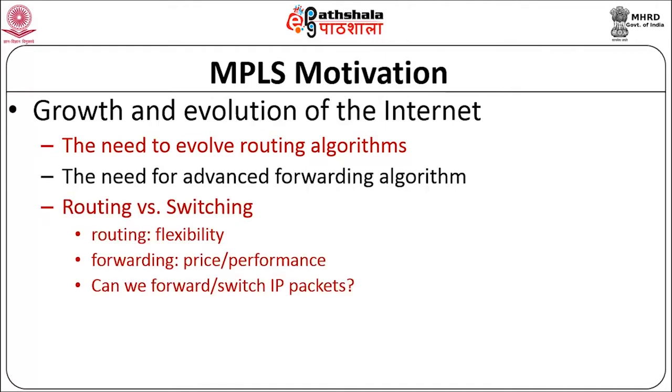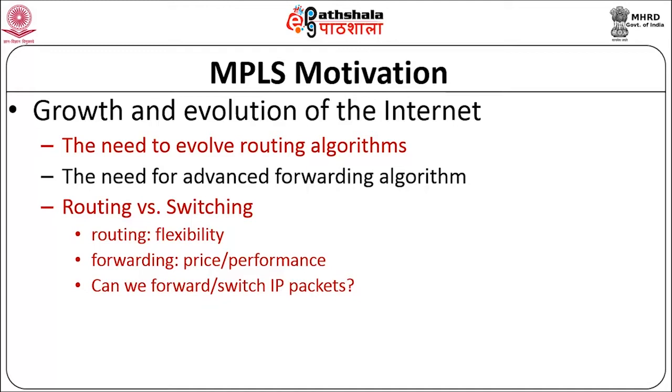If you look at the routing versus switching debate, routing will give you flexibility, forwarding will give you price per performance. So how do I get the best of both? I want some flexibility, at the same time I want good performance as well. So can we forward or switch IP packets? That question also has to be answered.